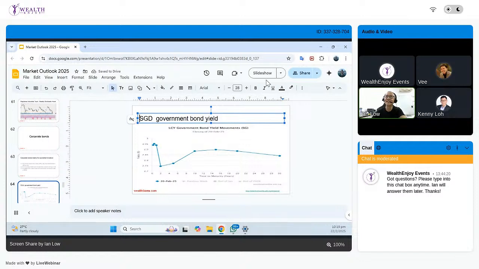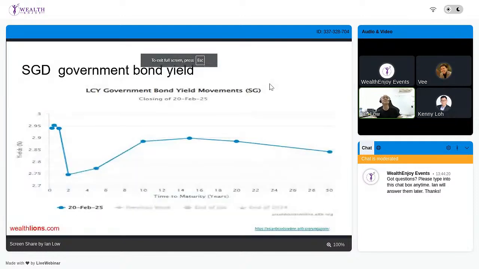It's the SGD government bond yield. So typically, most corporate bonds in Singapore are between 1 year to 5 years. It is in this space here. All right, 1 to 5, and this is the government bond.